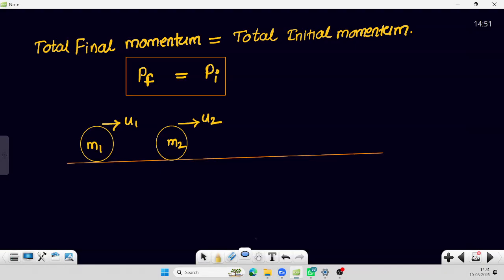Now after the collision, the M1 body will move with some velocity and the M2 body will move with some other velocity. Let us say after collision, the velocity of this body is V1 and this body's velocity is V2.